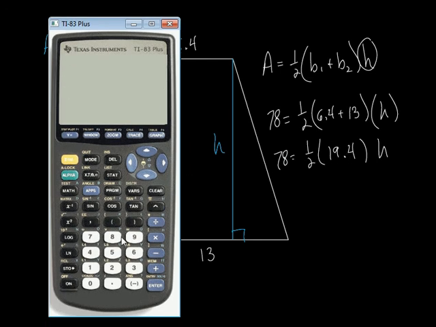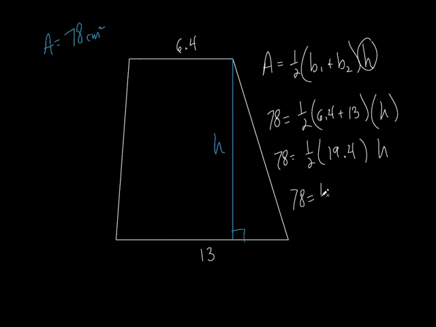I took 1/2 of 19.4. So I went 19.4 divided by 2, and I got 9.7. So let's write that down. So what I say was 9.7 H. Right? 1/2 of 19.4. Everybody see that? And then you divide by 9.7.